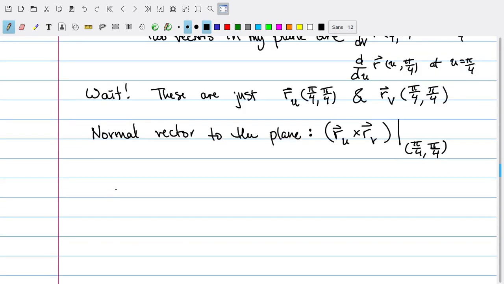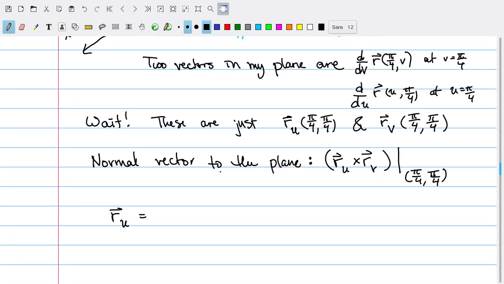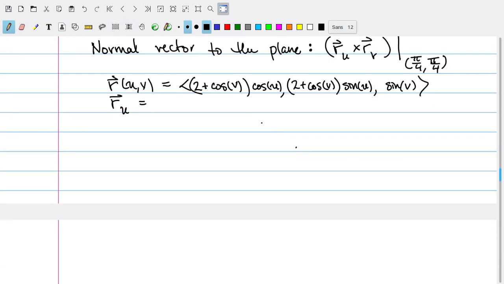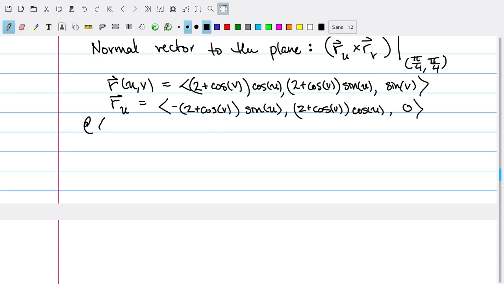So what is r sub u? So r up here was this equation again. Let me copy that. So r was equal to (2 plus cosine v) times cosine u, (2 plus cosine v) times sine of u, and sine of v. So r sub u is going to be minus (2 plus cosine v) times sine of u, (2 plus cosine v) times cosine of u, and 0. And of course we can evaluate this at the particular point, at pi over 4, pi over 4.